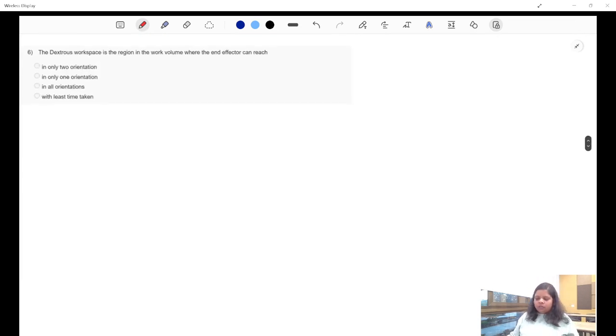Okay. So this is again a theoretical question. What is a dexterous workspace? And if you remember this, then you should also remember what is a reachable workspace. So how do we differentiate between dexterous workspace and reachable workspace? It has something to do with orientation.